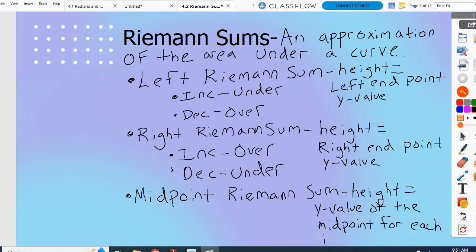The other way is you can do your left and your right Riemann sums and then take the average of those 2. But usually if they just ask you to do the midpoint, it's just easier to find the midpoint of each interval and find those y values than it is to do a left, then a right, and then average those together.